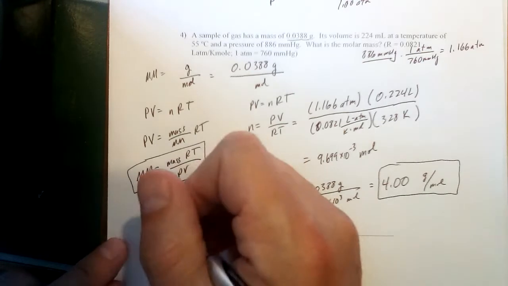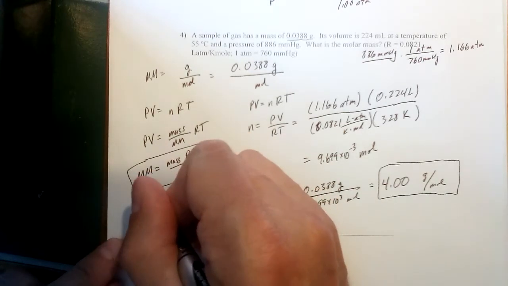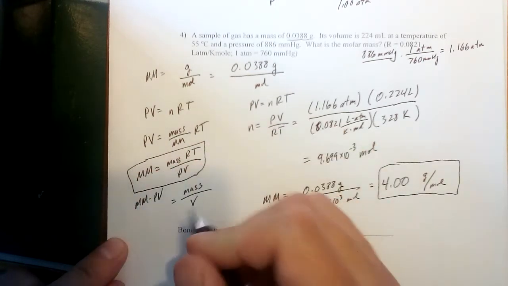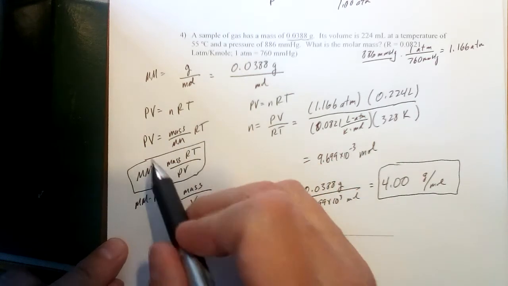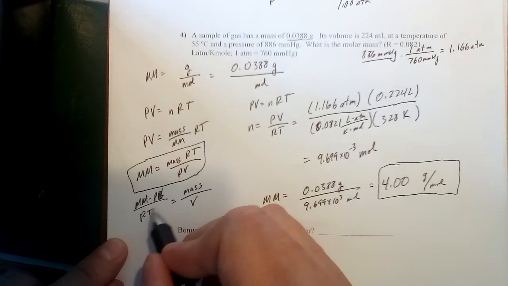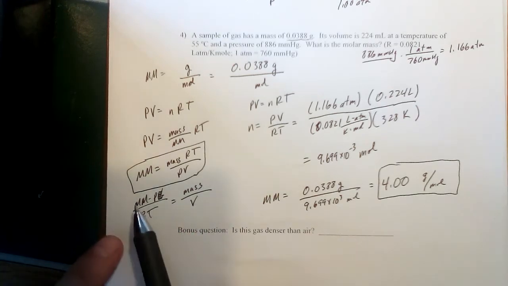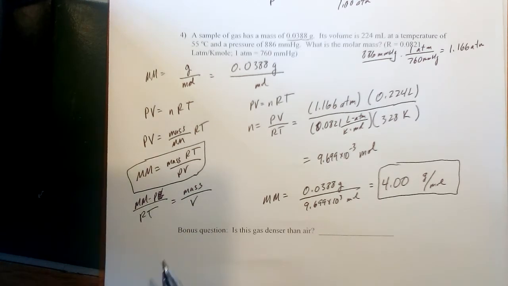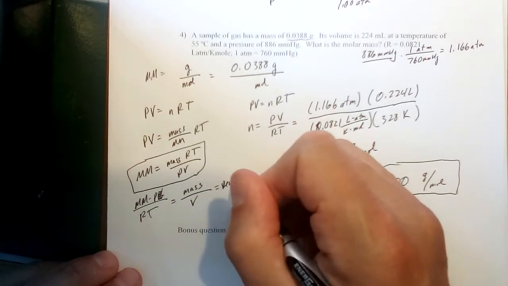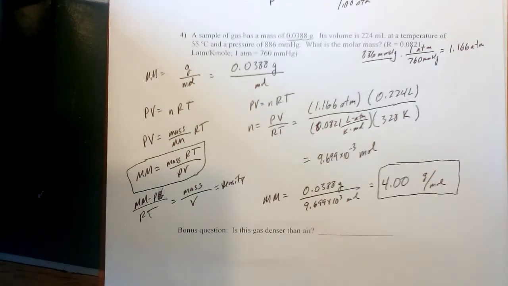So I'd multiply by molar mass, just molar mass times P, and then I divide both by RT. That would give me the molar mass times the pressure divided by R and the temperature is equal to mass over volume, which is density. Right, mass per unit volume.